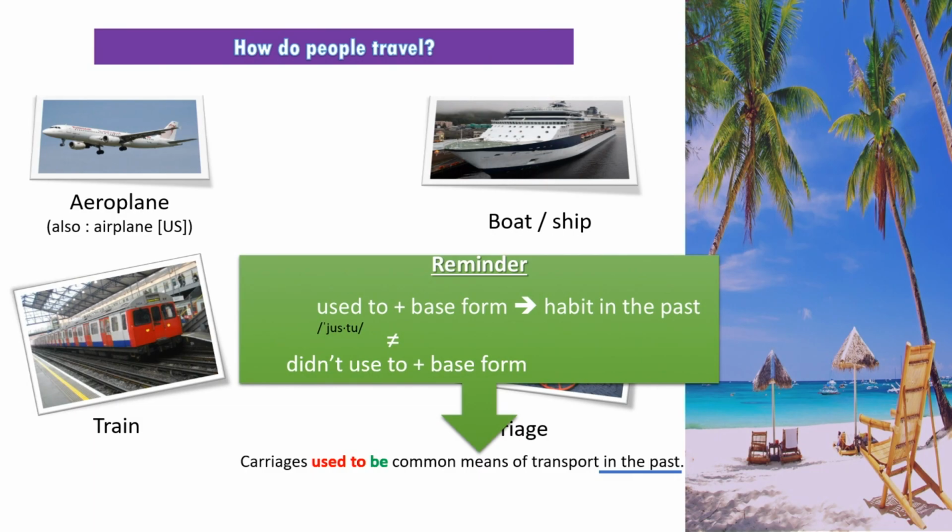We can express the same sentence differently. In the past, people would use carriages to travel. So here we have would plus the verb use in the base form. So would or used to plus base form express habit in the past.